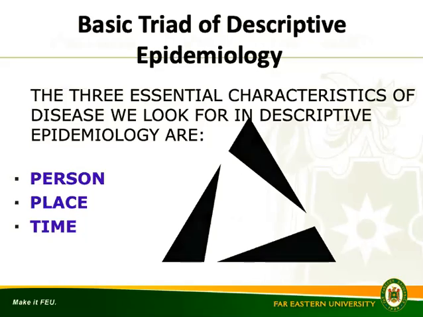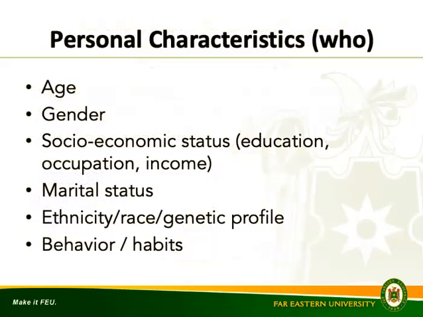When we talk about the personal characteristics, we describe the person in terms of susceptibility or resistance against an agent of disease, which usually depends on demographic variables or genetic or hereditary and socioeconomic variables.